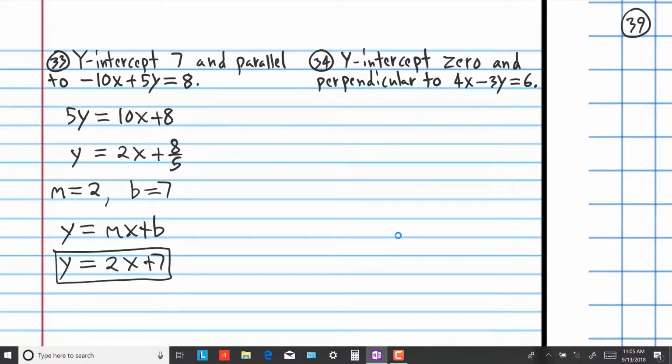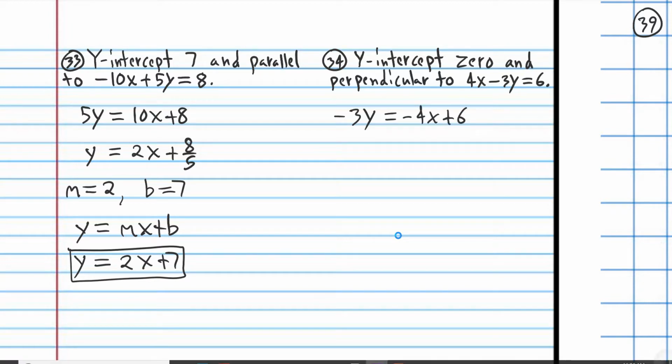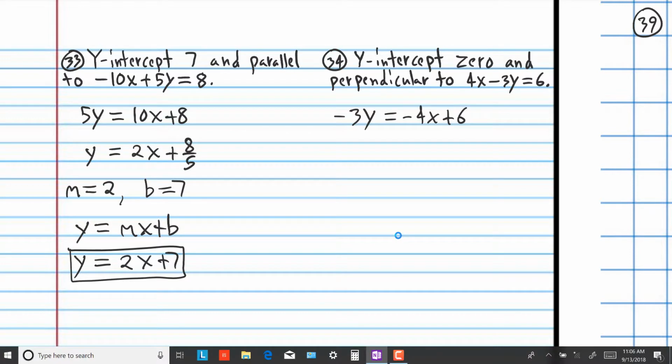All right, we're back. Let's see. Subtract 4x from both sides. Divide both sides by -3.